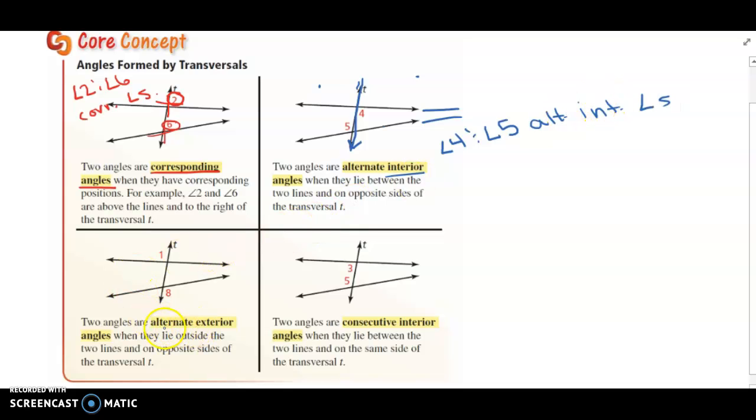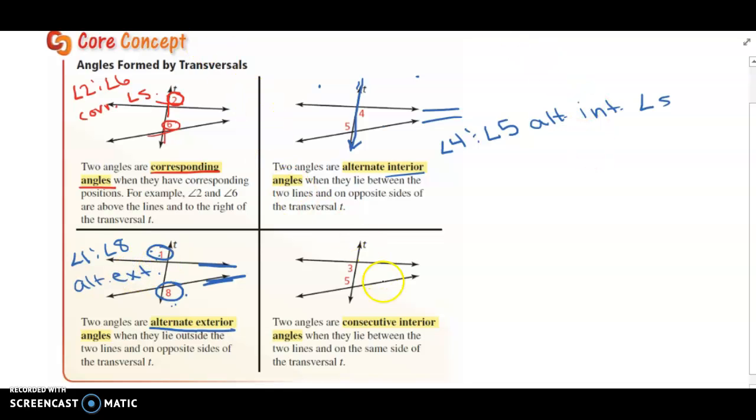Back here, alternate exterior angles. Once again, alternate means opposite sides of the transversal, so one's on the left, one's on the right. And exterior means they are outside of these two lines. So angle 1 and angle 8 are alternate exterior angles.